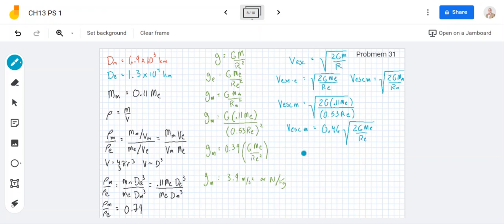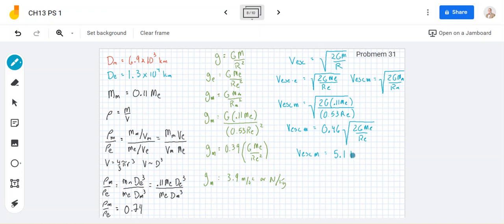And what I'm then going to do is plug and chug this into my calculator. I know the universal gravitational constant, mass of the Earth, the radius of the Earth. I think I got 5.1. Let me just check it real quick.